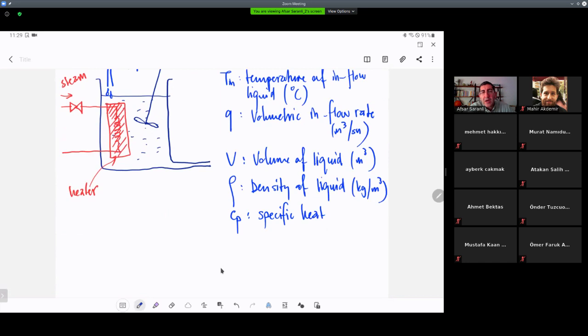So how much heat is stored will be related with the volume of the liquid, its density, which will determine how much material is in this volume, and also the specific heat, which determines how this particular liquid can actually store heat energy. Specific heat, I believe, is joule per kilogram. So it is related with the mass.